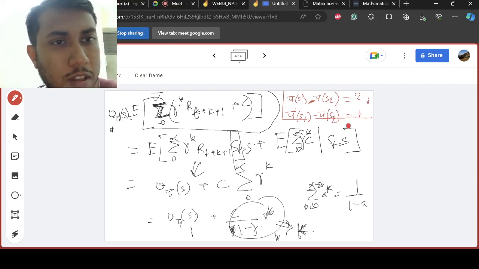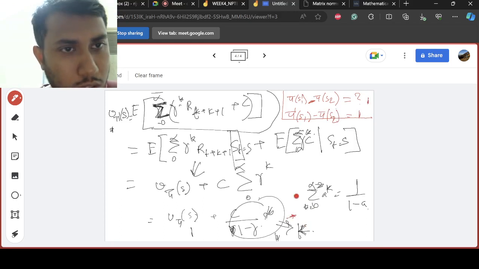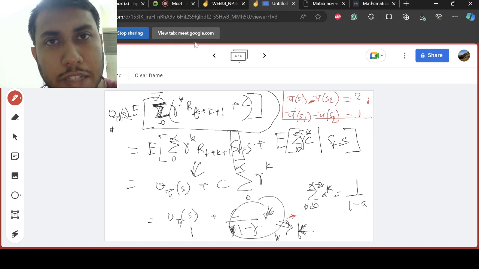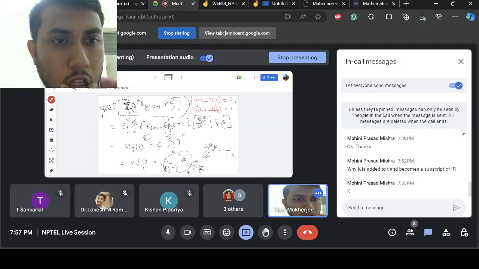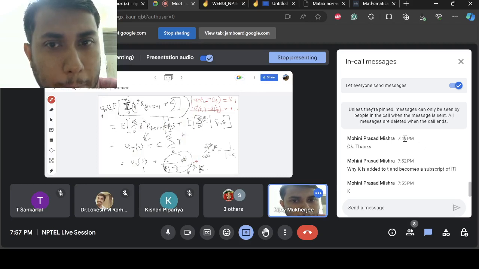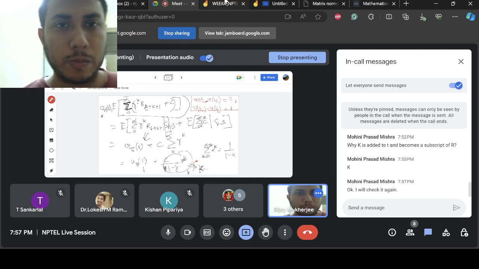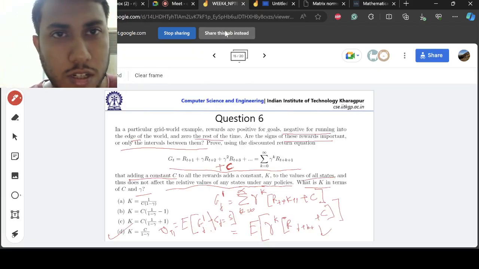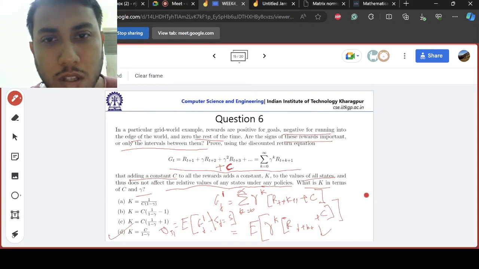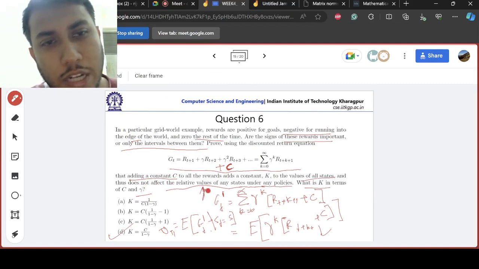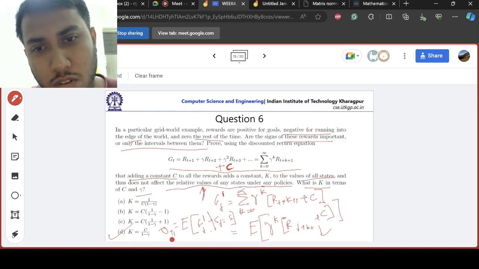This will remain the same, because we are just adding this constant to the reward. So this relativity remains the same. That is what we are trying to prove. Understood? Yeah. So if you look at the question, it says it does not affect the relative values of any state. So relatively these are the same under any policy. We are just adding a constant term, nothing more. So that is your answer.